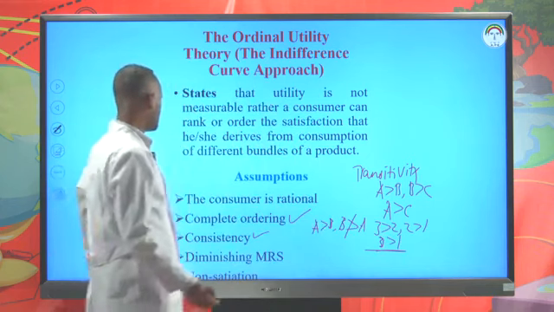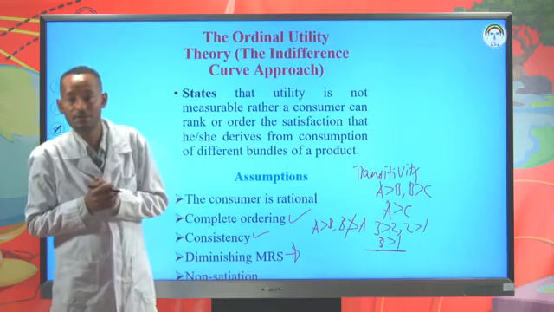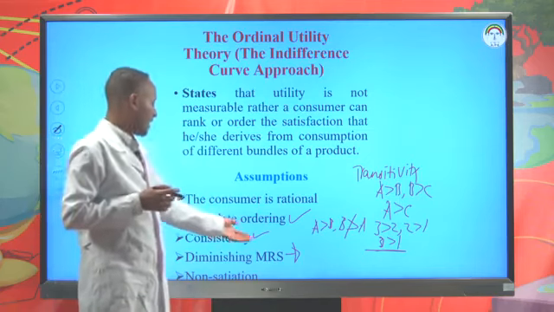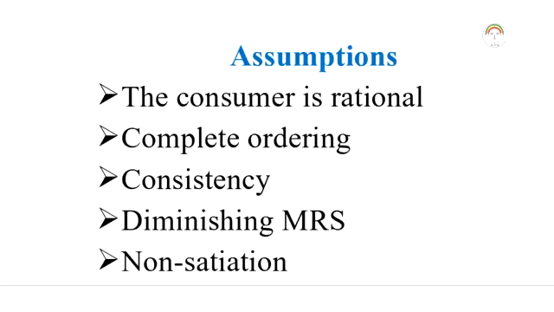Another assumption is diminishing marginal rate of substitution, which means the principle of diminishing marginal rate of substitution is in operation. This principle tells us the rate at which one commodity is substituted for another on the same indifference curve will always decline.